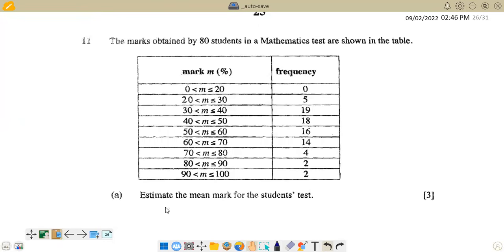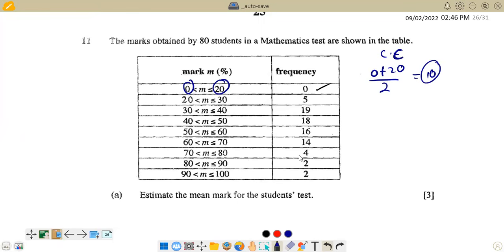So these are the marks, and we're asked to estimate the mean mark of the students in the test. Okay, so mean, guys, remember, you have to find the class centers in this case, then you multiply each by the frequency. So you need the class center, and for the class center, we just add the lower class and the upper class together, then divide by 2: 0 plus 20, divided by 2, which is 10. That is your class center.